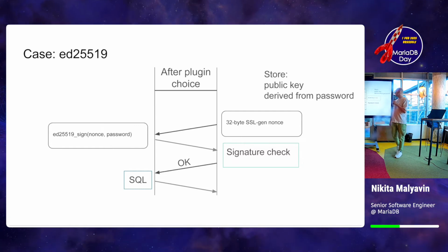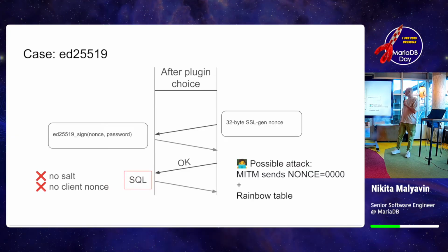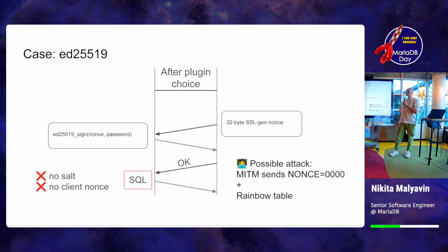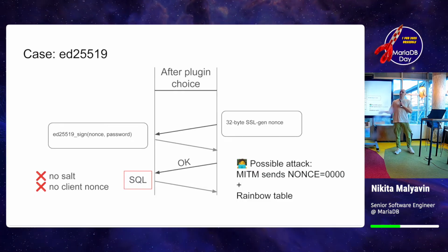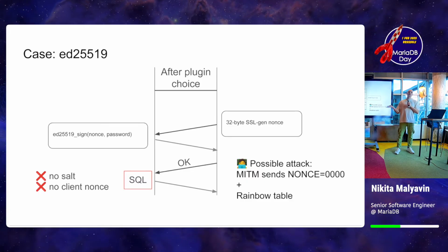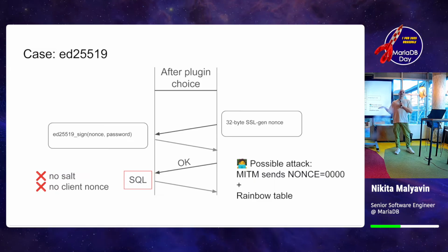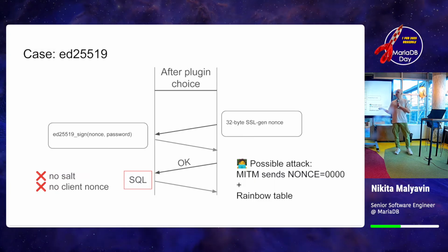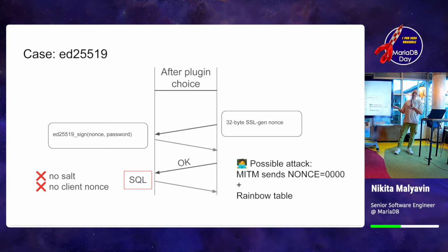So what can happen is, one possible attack is man in the middle. Let's suppose that we have some active node in between client and server, and this node can pretend to the client that it's the server and to the server that it's the client. The client connects to the server, but actually this node receives this connection first, if it's acting like a proxy.